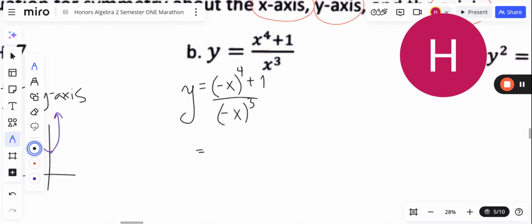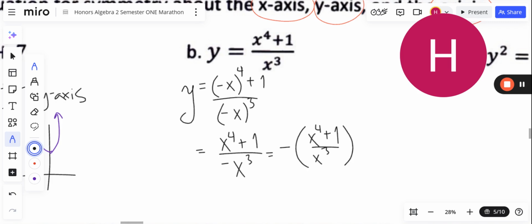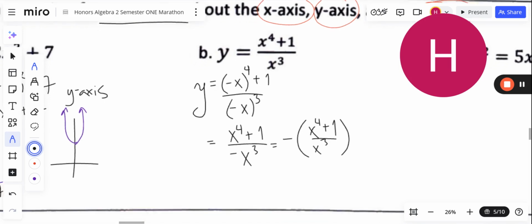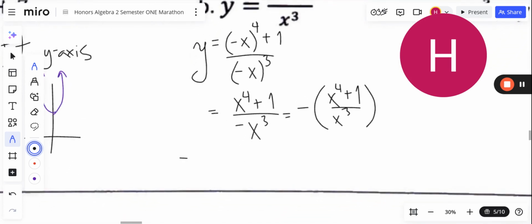Notice that in the top, the even power is going to turn that back into a positive x to the fourth, but the negative to an odd power is going to end up a negative on the bottom. And so this is the same thing as negative of what we started with. And that means this thing has origin symmetry, because that means that negative x gives us a negative y.